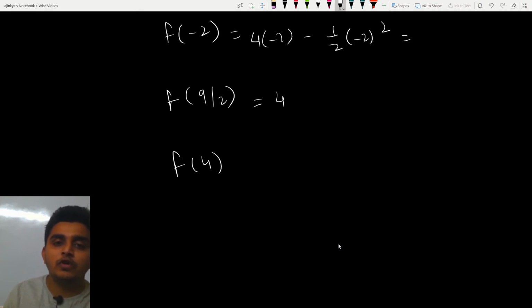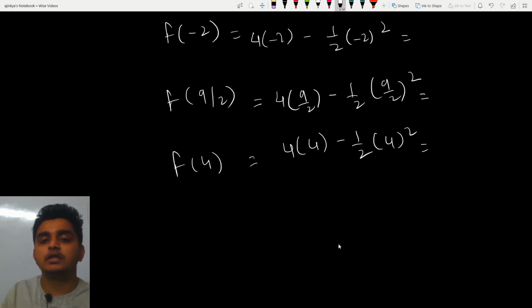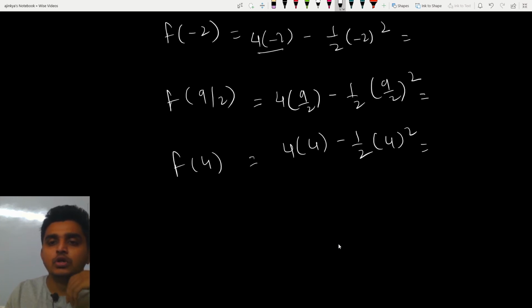Again we have 4 times 9 by 2 minus 1 half 9 by 2 whole squared. Just for substitution purposes I am not going to write down all the steps. So this is minus 8, then this is minus 2, so minus 8 minus 2 becomes minus 10.